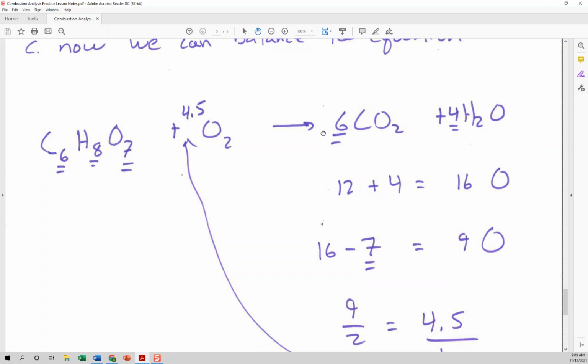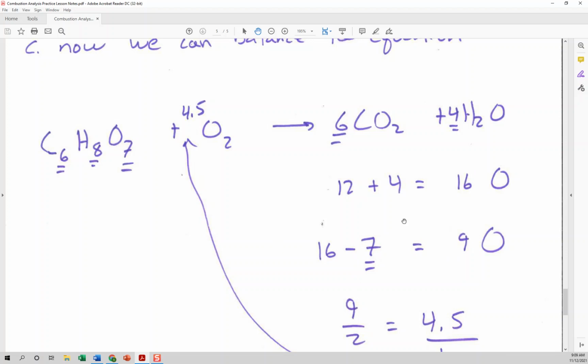Then what I do is add up all the oxygens on this side. So I have 6 times 2, that's 12 oxygens here, and 4 times 1, that's 4. I have a total of 16 oxygens on this side. Now, because I have oxygen in the citric acid itself, I have to take that total and subtract how many oxygens I have here. So 16 minus 7, because I have 7 oxygens here, gives me 9.